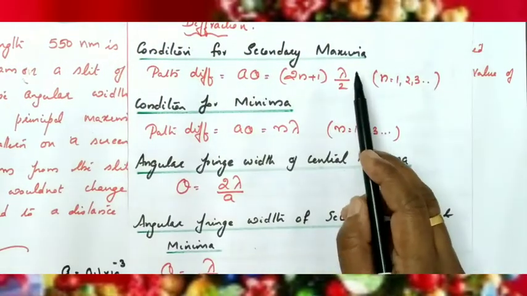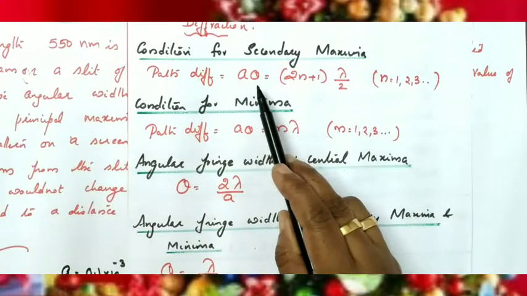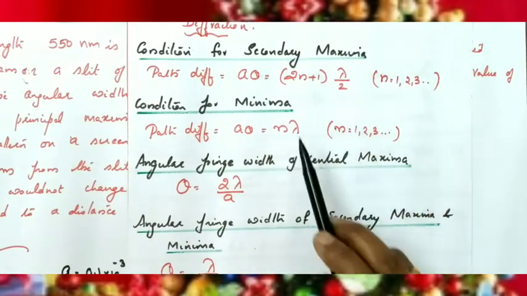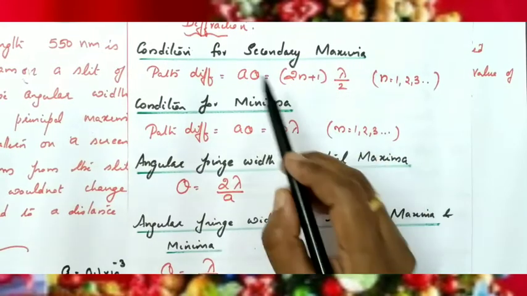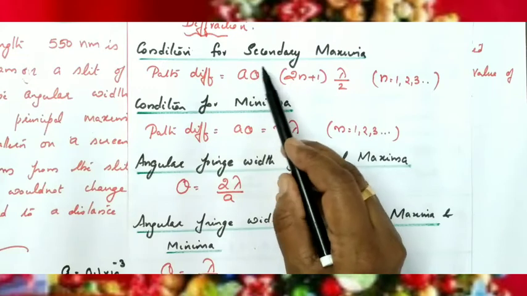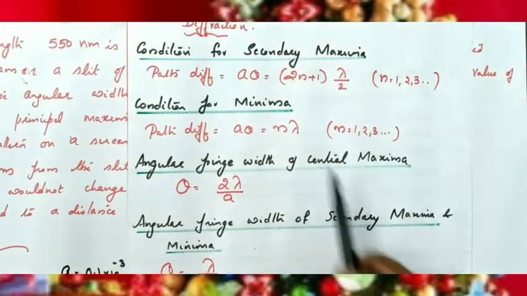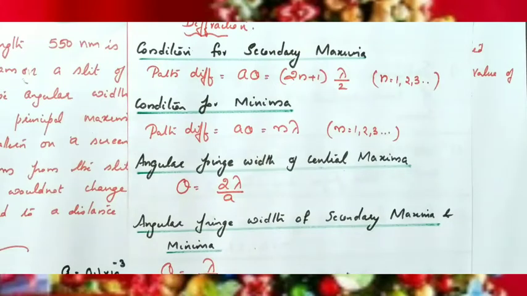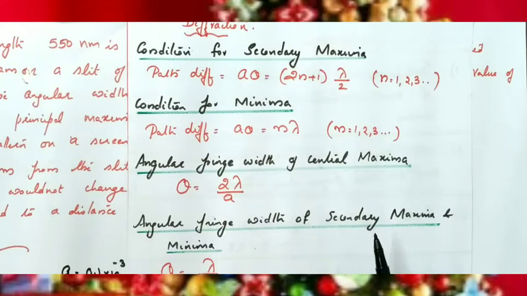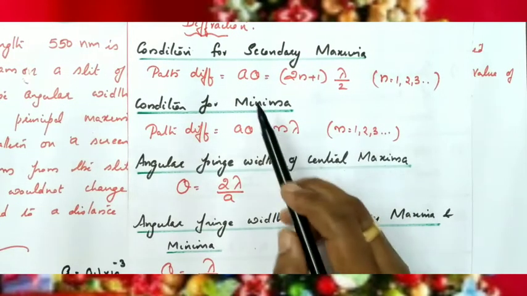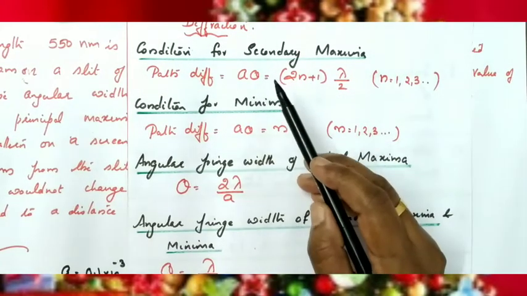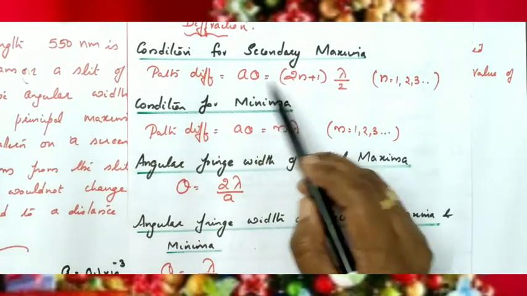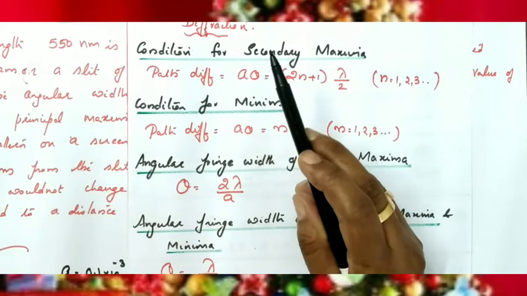What is the position of the maxima? The path difference a theta is 2n plus 1 into lambda by 2. This is the condition for maxima. Here we have to find a, and theta is known, 30 degree. Usually we take the approximation sin theta approximately equal to theta if the angle is very small. Since the angle is given, you can write a sin theta equals 2n plus 1 into lambda by 2. So no need to substitute theta directly; we have to take the sin value.